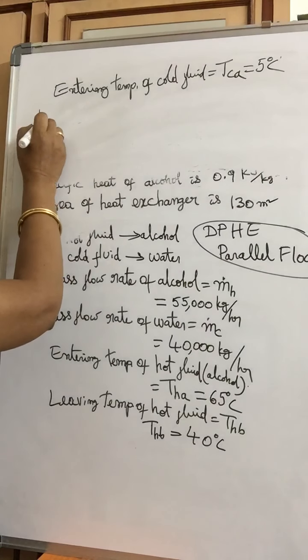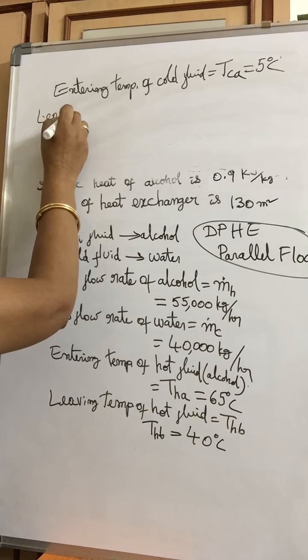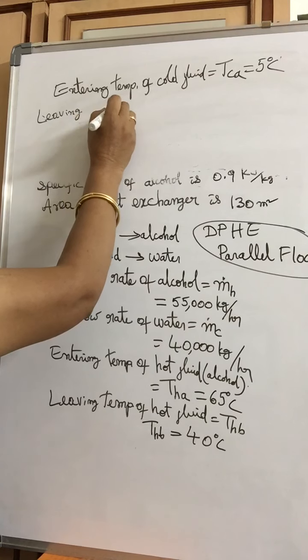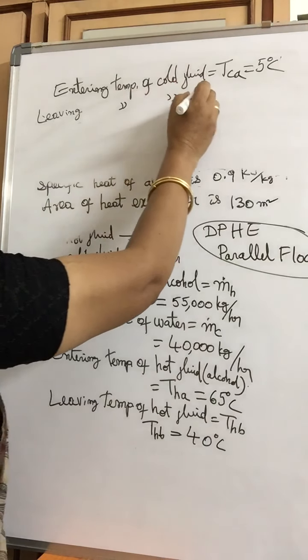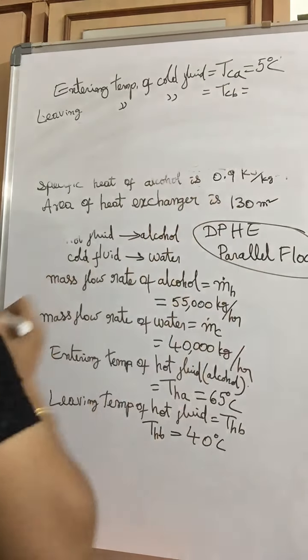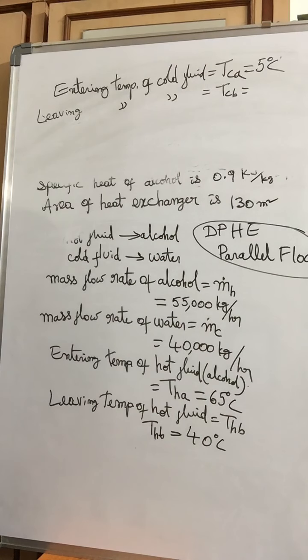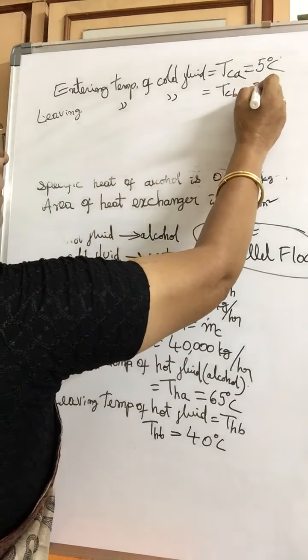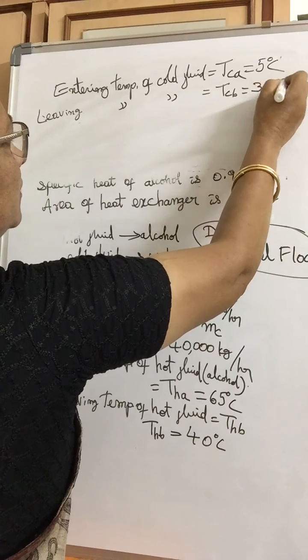Then leaving temperature of cold fluid is equal to T_CB, that is 35 degrees centigrade.